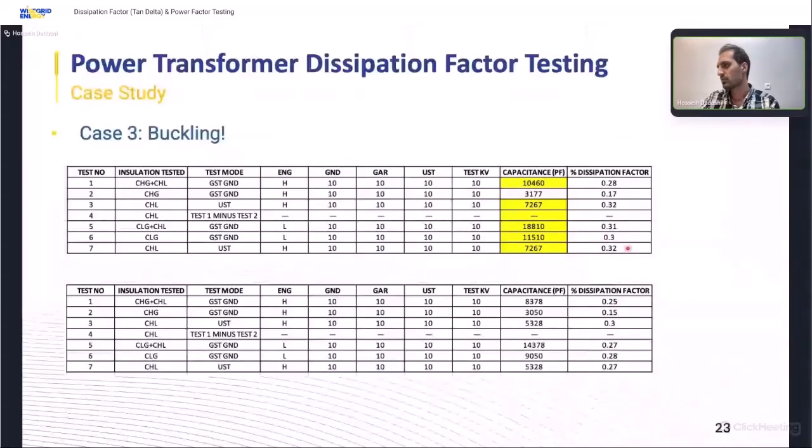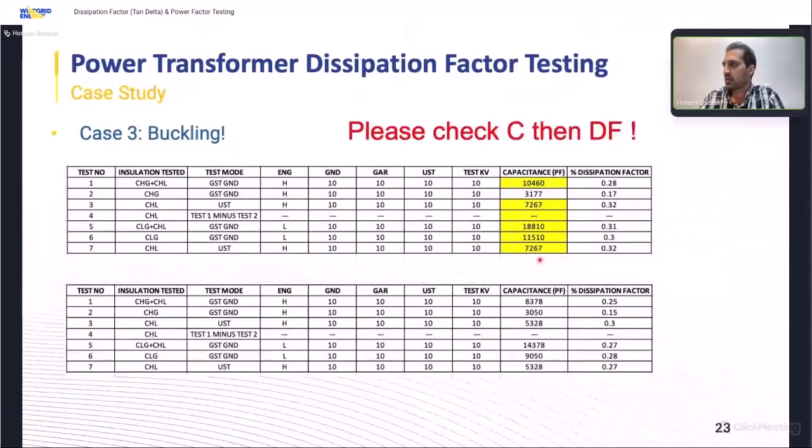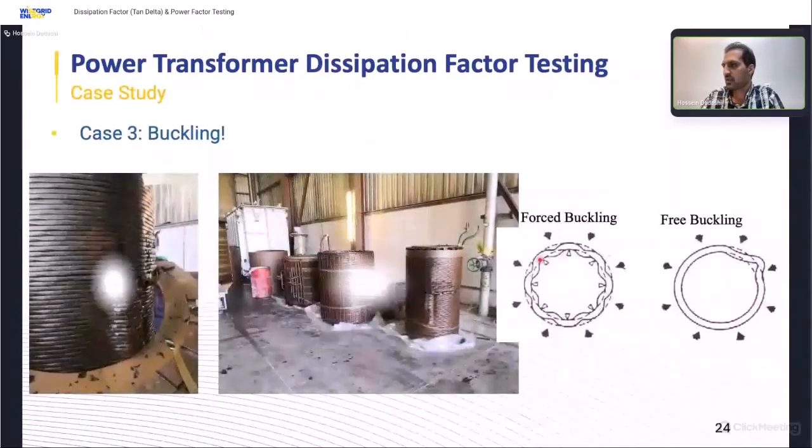But if we look at the capacitance value, we see that the change is higher than 20%, especially for HV winding to ground. It doesn't change so much, but for other capacitances, the rate of change is really high. And this was the problem inside of the transformer: winding deformation, winding displacement, and also short circuit inside of the transformer.